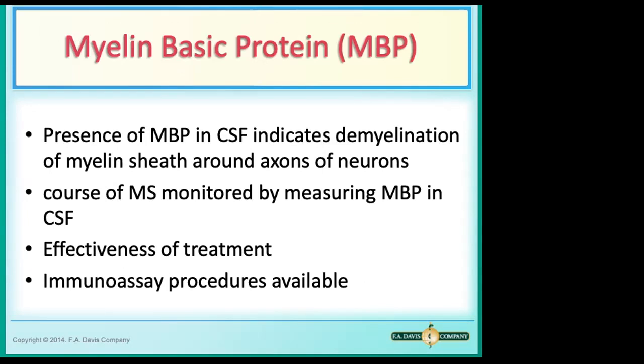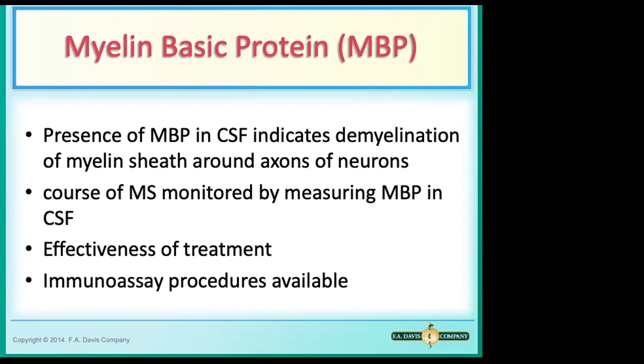So this is called demyelination. Demyelination is destruction of this myelin sheath. Basically, the course of multiple sclerosis can be monitored by measuring the amount of MBP in the CSF, okay? It can also give us a valuable measure of the effectiveness of treatments.